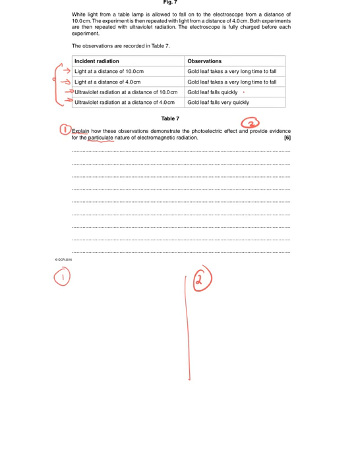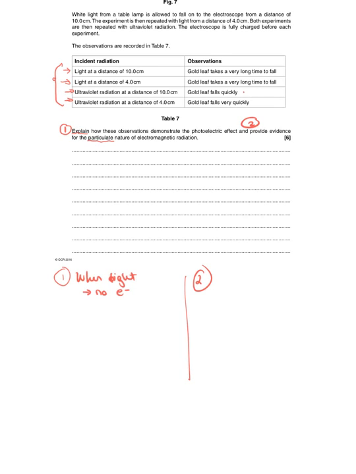So for the explanation, we could talk about the fact that when light is shown, no electrons are emitted. So there is no effect, no photoelectric effect, basically, with light.